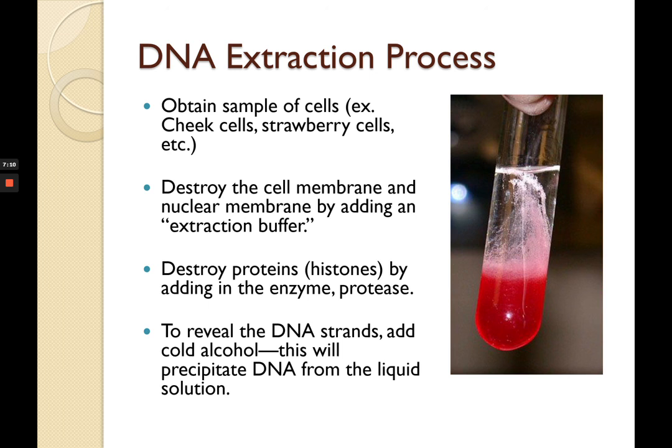You need to separate all that from the DNA, and alcohol will help do this. Once that is done, you're going to collect your DNA and admire how wonderful it is. Hopefully you'll get a chance to do that sometime this week.